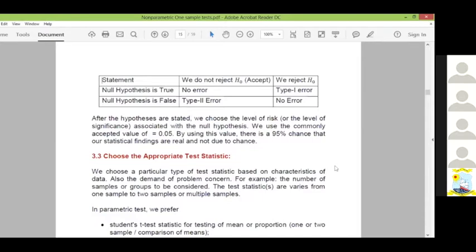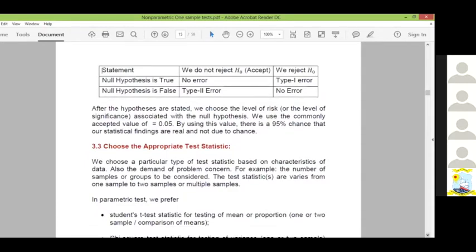So alpha we choose 0.05. Using that, there is a 95% chance that our statistical findings are real and not due to chance. Then choose an appropriate test statistic, which I explained earlier.